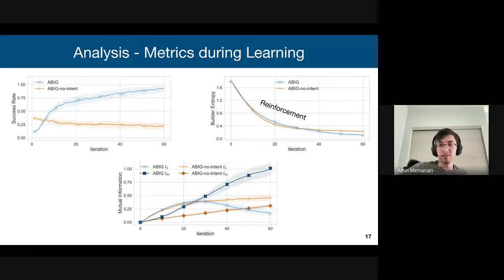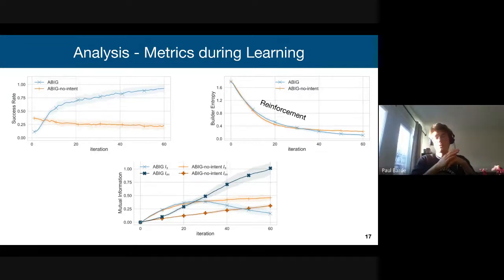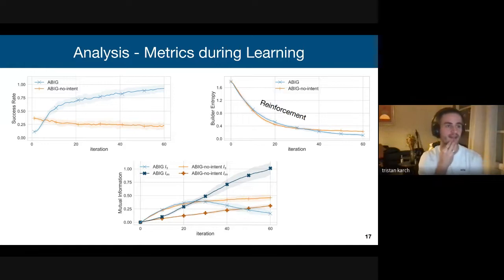Yeah, and I have a question. You said how many symbols were in the set that you're using? Yeah, go ahead, Tristan, if you want to take this one. Yeah, I started explaining this at the beginning of the presentation. We had 18 symbols, and we saw that increasing the number of symbols allows to solve the task.